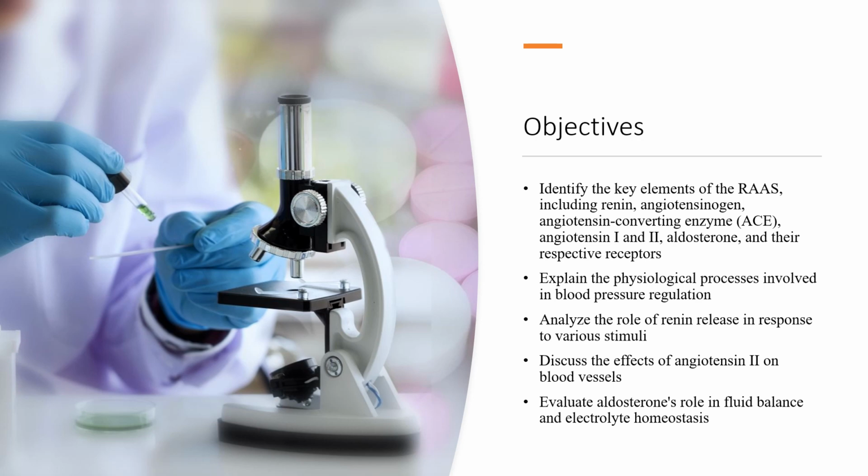Explain the physiological processes involved in blood pressure regulation. Analyze the role of renin release in response to various stimuli. Discuss the effects of angiotensin 2 on blood vessels and evaluate aldosterone's role in fluid balance and electrolyte homeostasis.